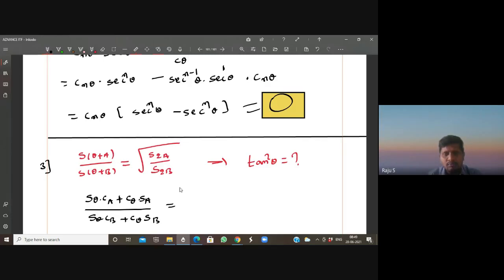I want to square on both sides. Here also, for root sine 2 theta, shall I write the formula 2 sine theta cos theta?